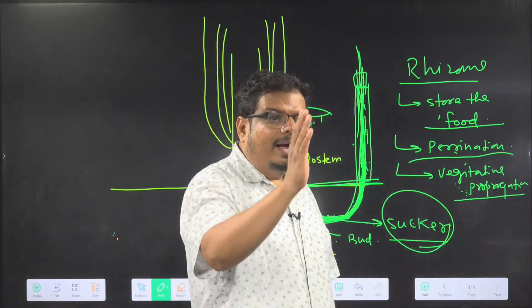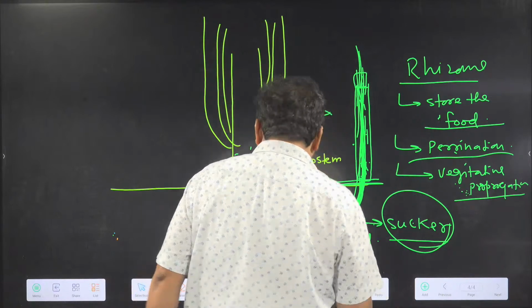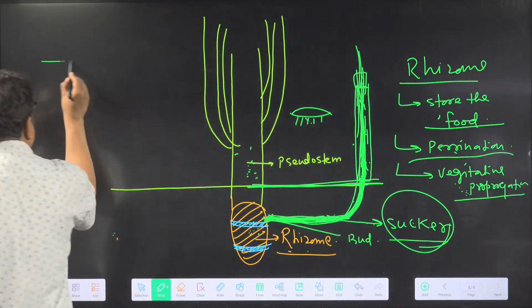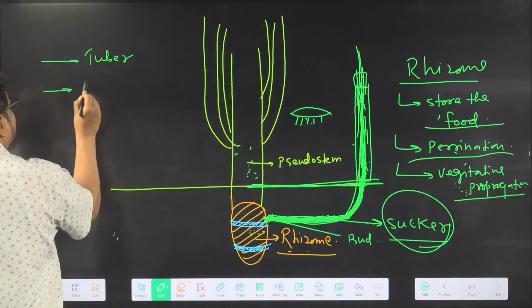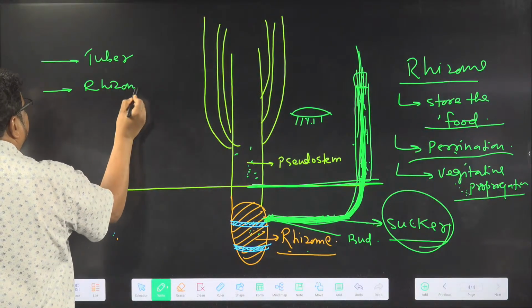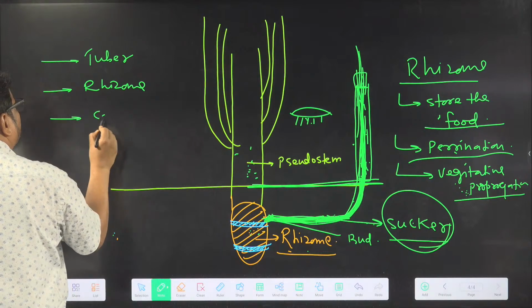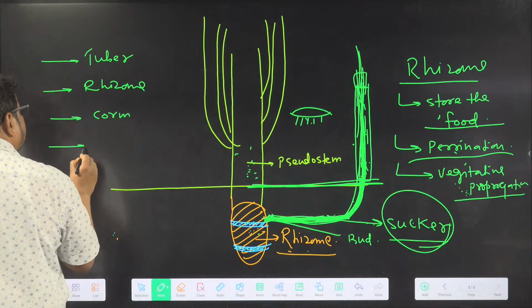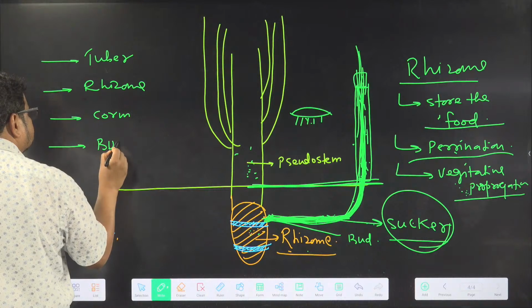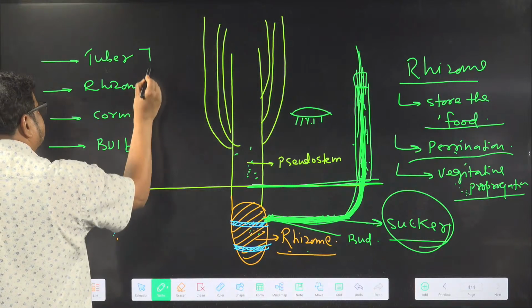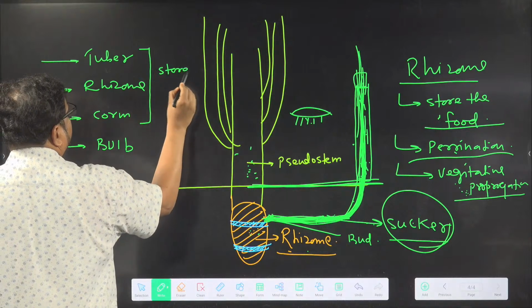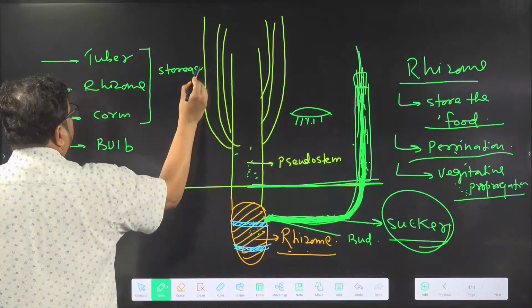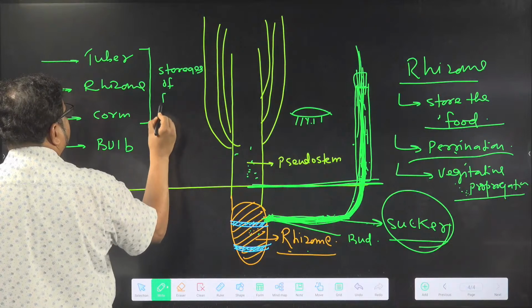So ginger, so can I say here, out of 4 modifications, here tuber, here rhizome, here what? Corm, here bulb. In how many modifications is food stored in a stem? Storage of food occurs in 3 modifications.